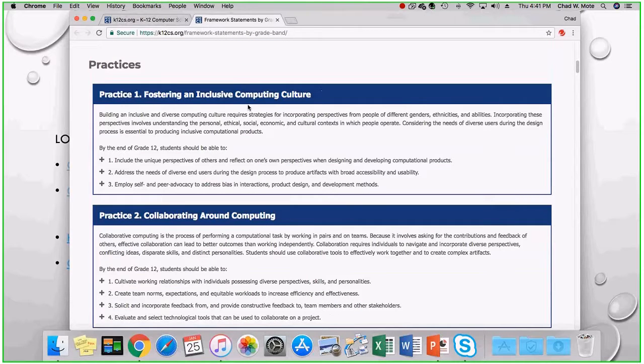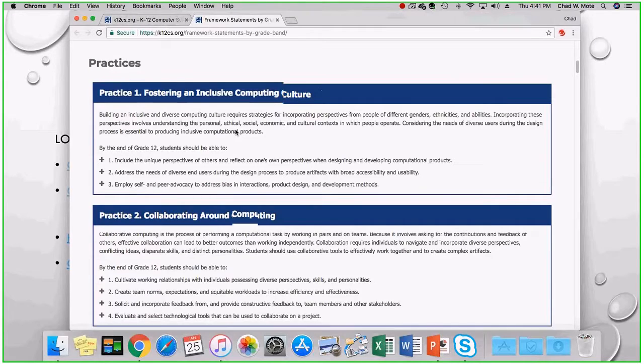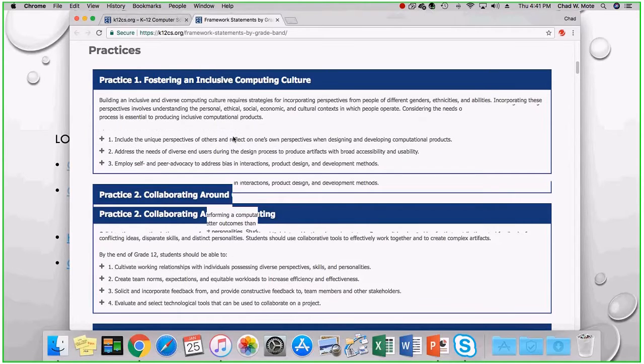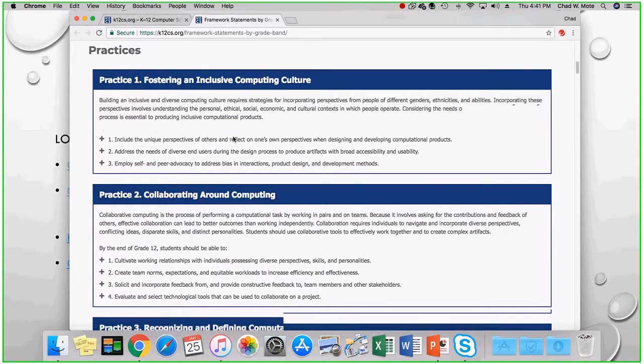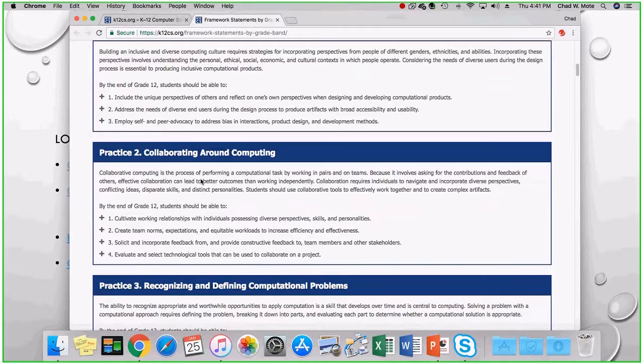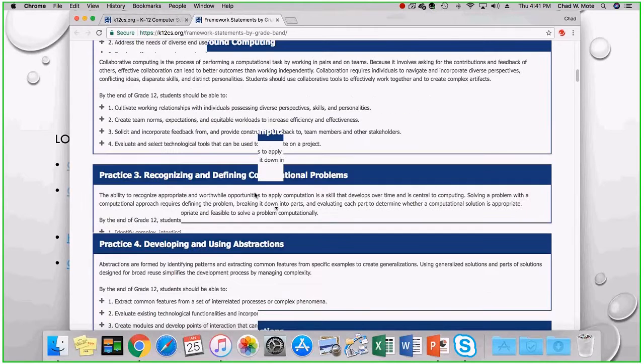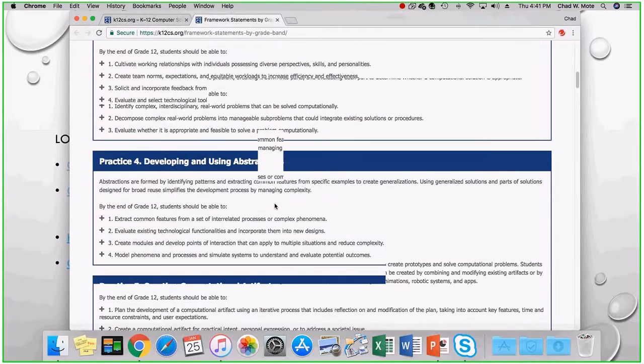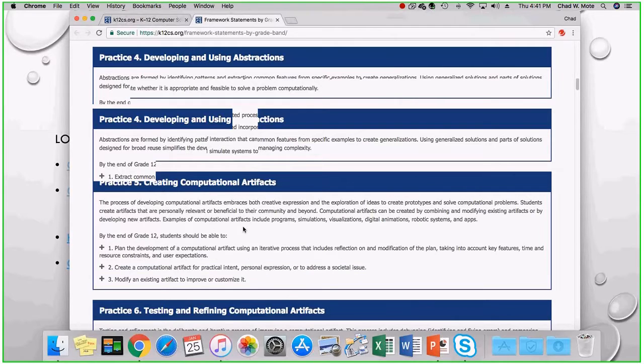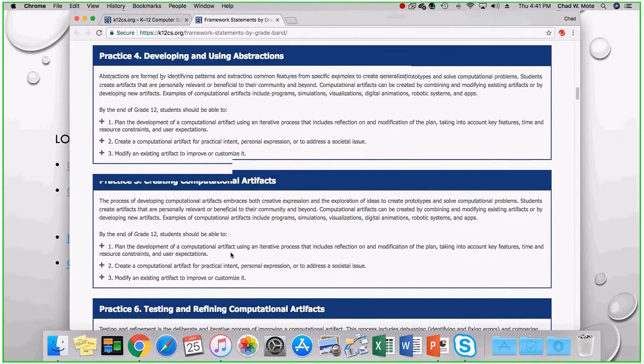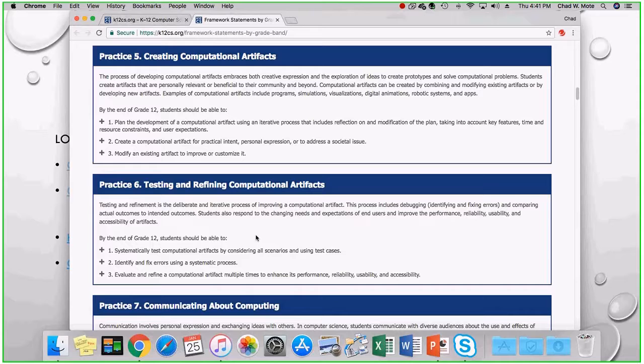So: computing cultures in the classroom and online, and actually taking the perspective of kids that are different from us; collaborating around computing; defining problems; using abstractions; creating computational artifacts or projects; and then refining those projects for various audiences.